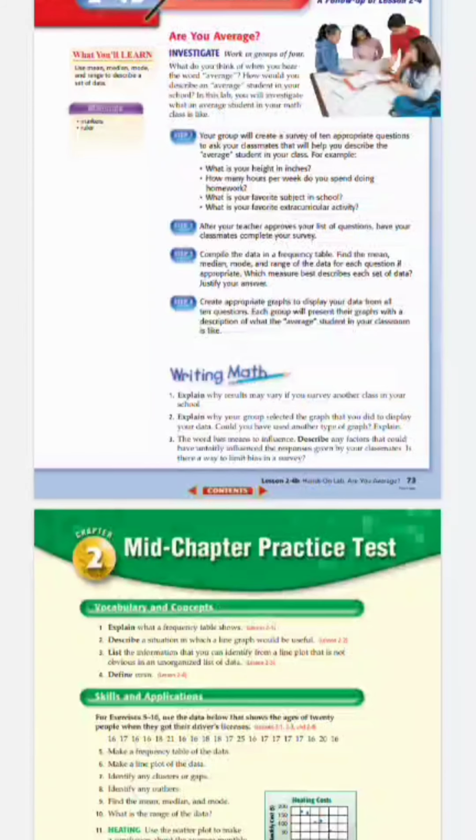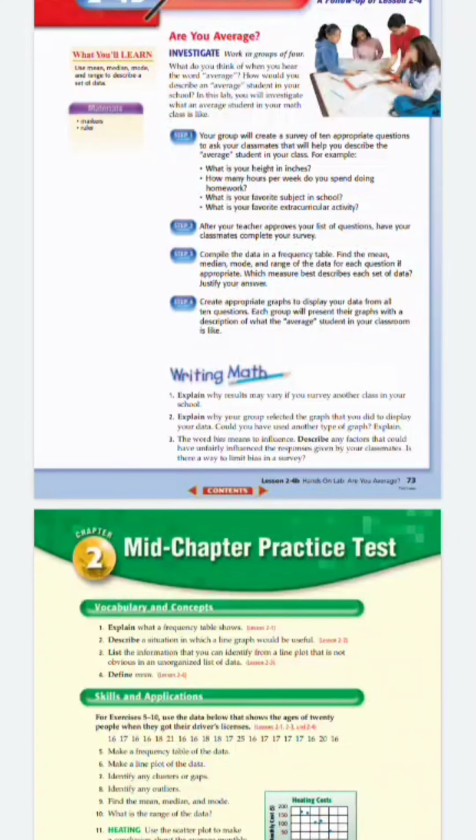Step 2. After your teacher approves your list of questions, have your classmates complete your survey. Step 3. Compile the data in a frequency table. Find the mean, median, mode, and range of the data for each question if appropriate.